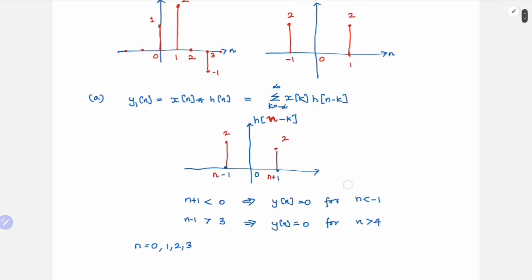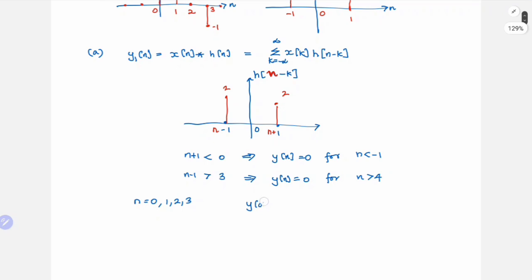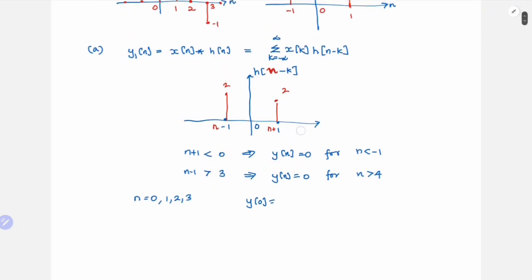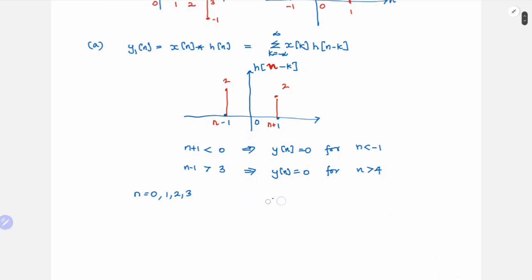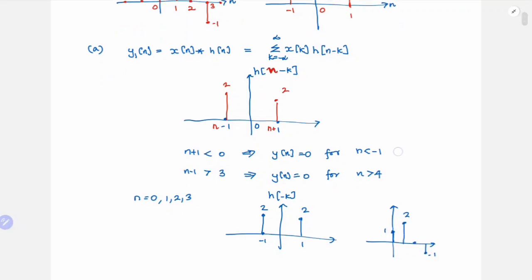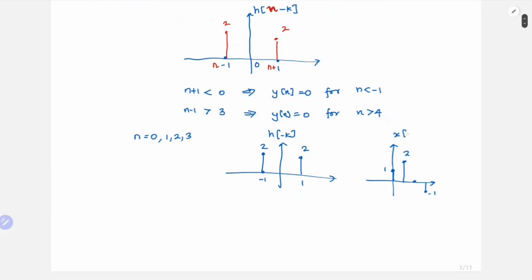So what will my y of 0 be? If you try to overlap this with this, I will first take h of minus k. I'll have 2 and 2, and my x of k is nothing but 1, 2, 0 and minus 1.